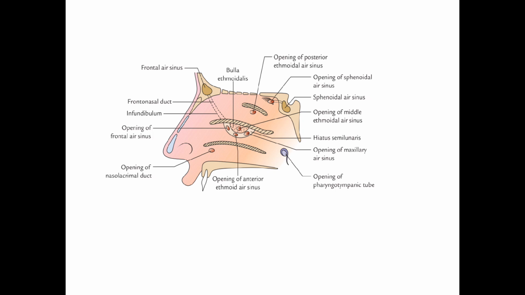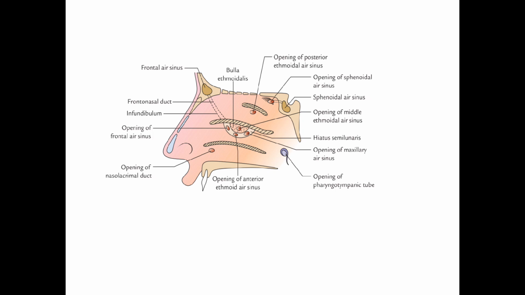Now, this is a diagram I introduced into this lecture to show you the openings and the air sinuses draining into them. The first thing you can see here is the opening of the sphenoidal air sinuses, which from our mnemonic is the sphenoethmoidal recess.